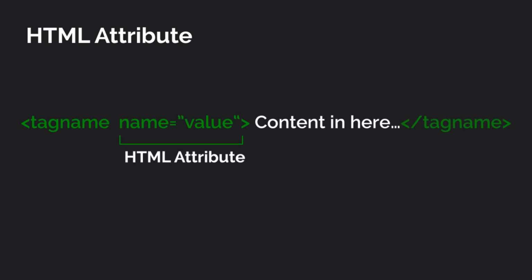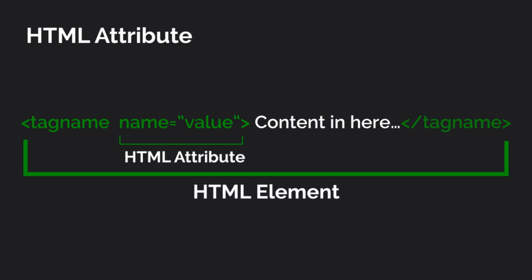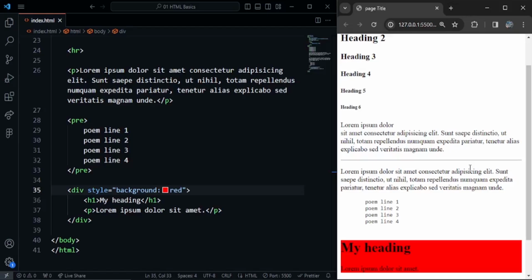HTML elements can get additional information from HTML attributes. Attributes are always specified in the start tag and usually come in name value pairs. For now, we will cover some major HTML attributes, and in the coming videos we will see a lot of attributes. Let us start with the style attribute.